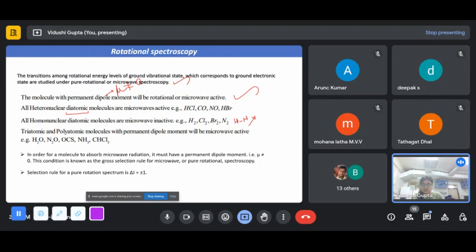This condition is known as the gross selection rule for microwave or pure rotational spectroscopy. For a pure rotational spectrum, delta J should be plus minus 1.